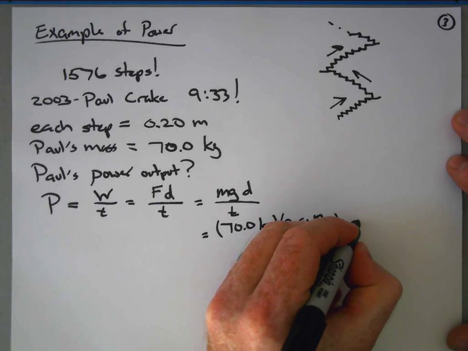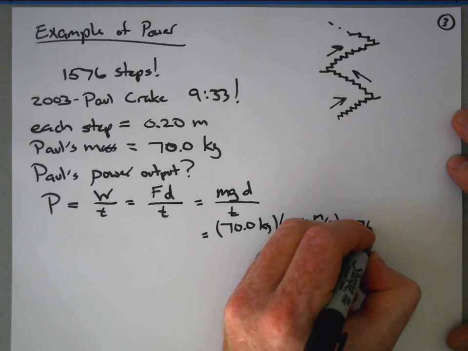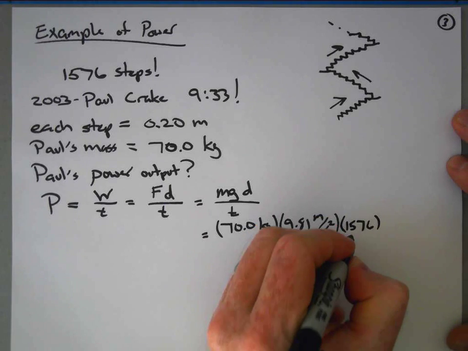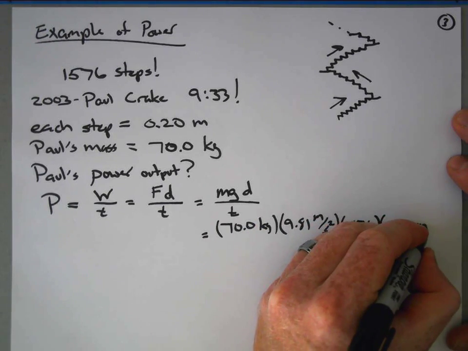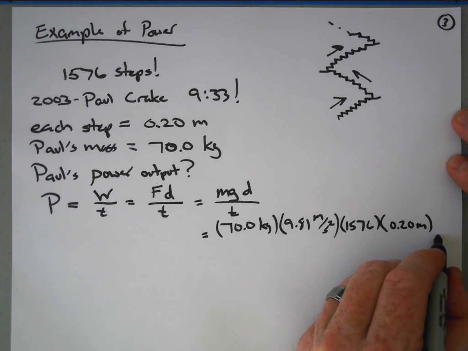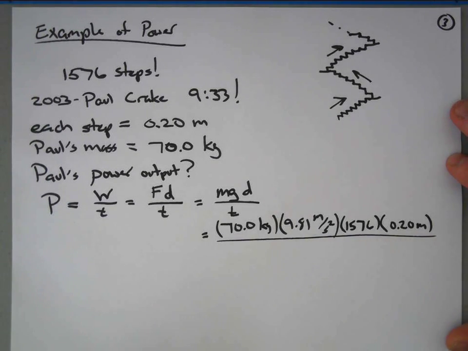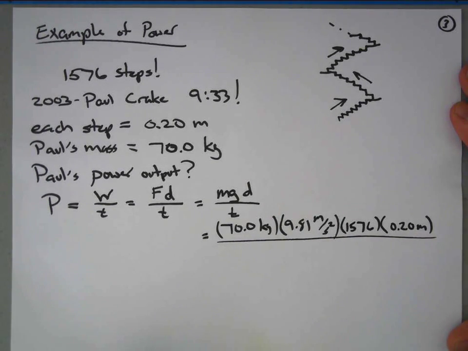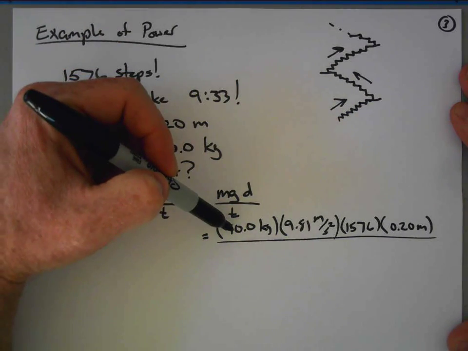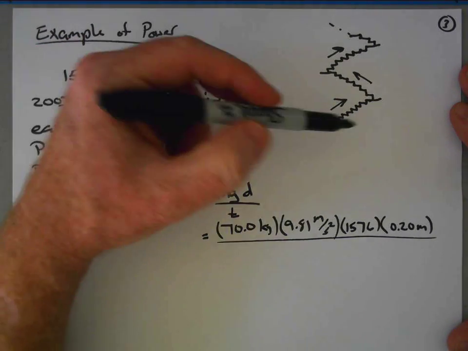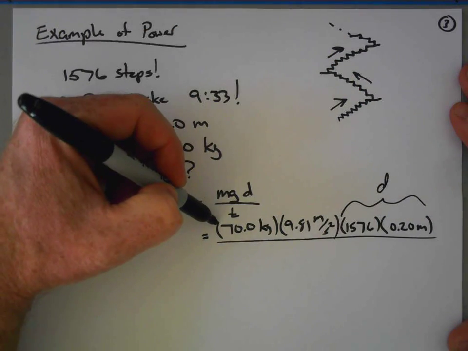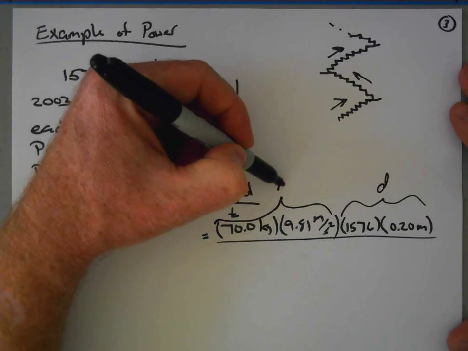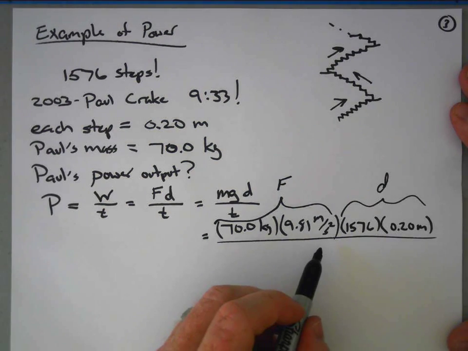There are 1,576 steps, and each step is 0.20 meters tall. So there's the numerator of this fraction. And so mass times gravity, mg, that's the force, and these two here represent our distance. Awesome.